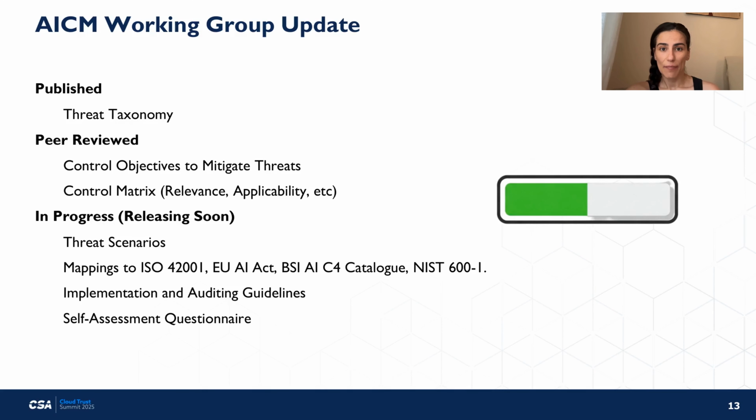And at the same time, it will have as a bundle different mappings to different standards in order to cover compliance: ISO 42001, the AI CAIQ catalog, NIST 600-1, and the EU AI Act. This is a one directional mapping from the AICM to these standards. And right after these are published, we'll start the reverse mapping.